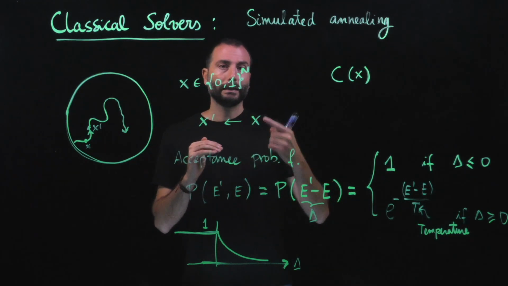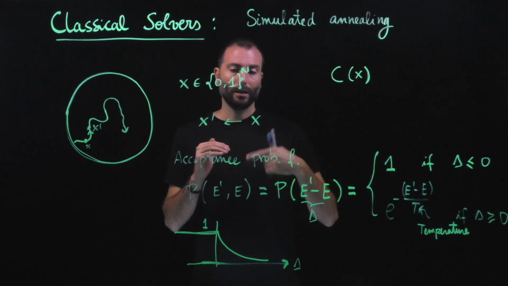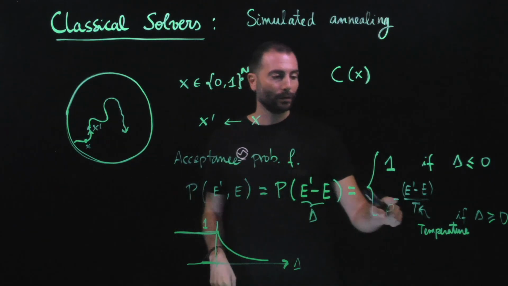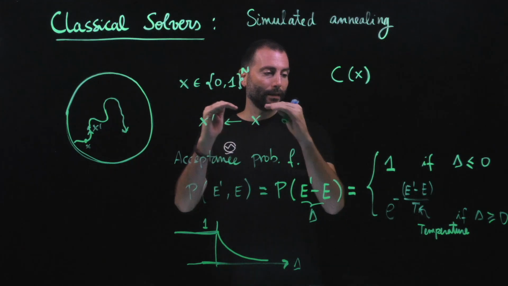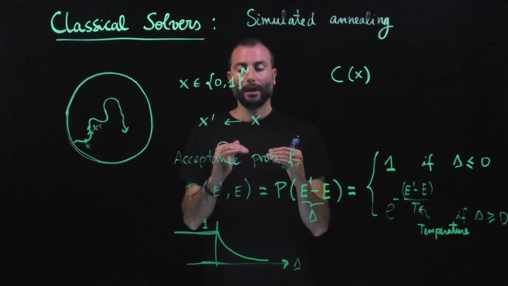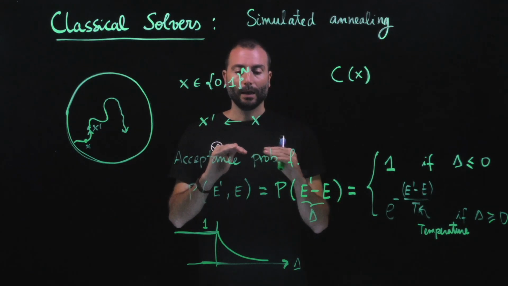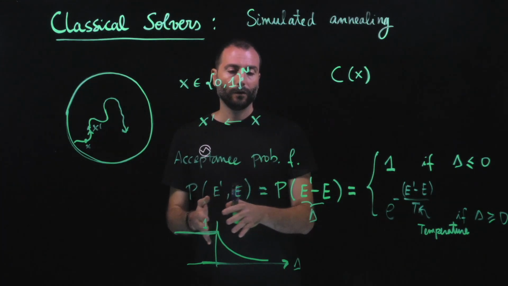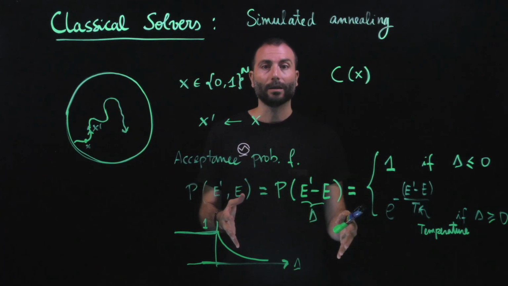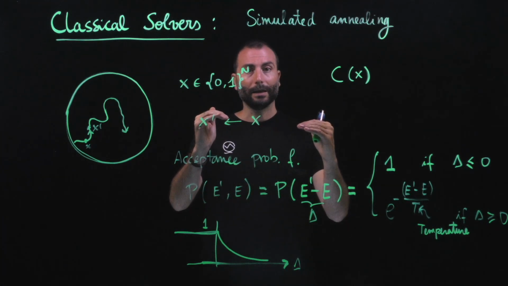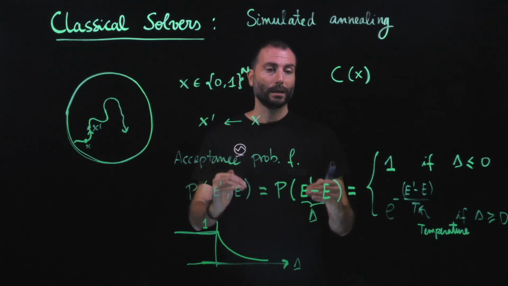But while you are iterating this process many times, you start to decrease the temperature, and with this decrease you are limiting the possibility of exploring configurations with a larger energy. So in practice you are cooling down your system.